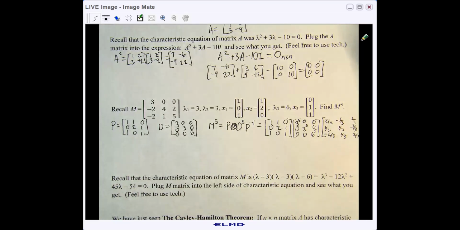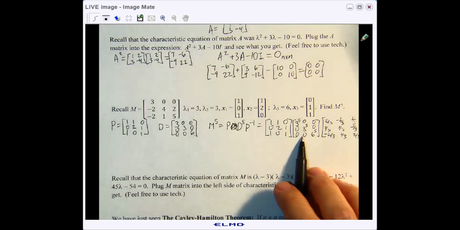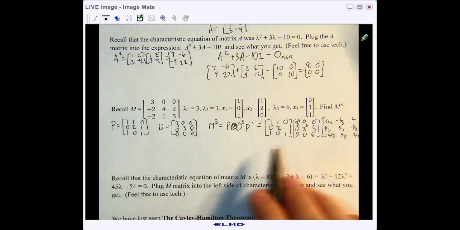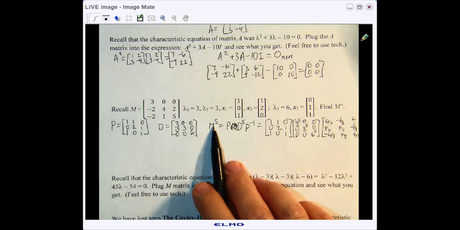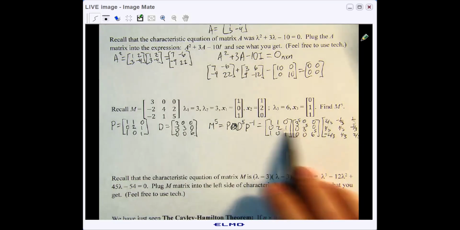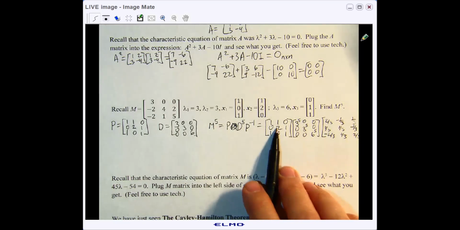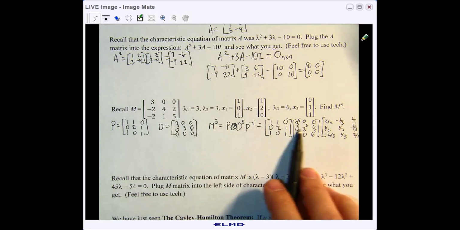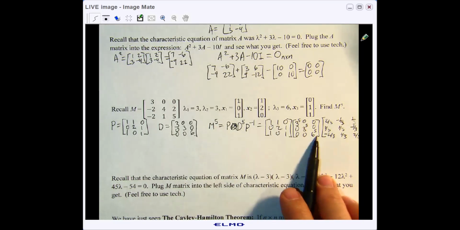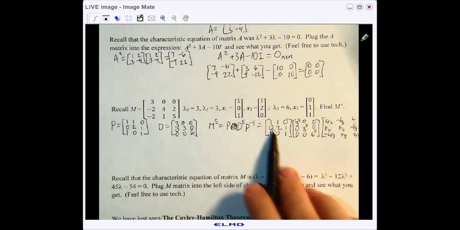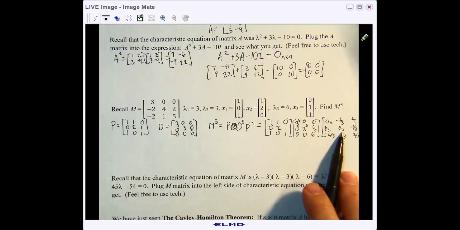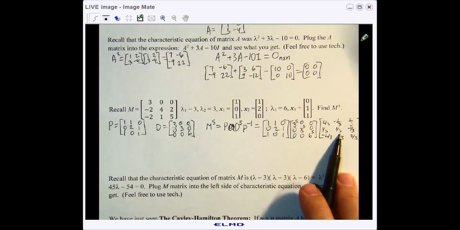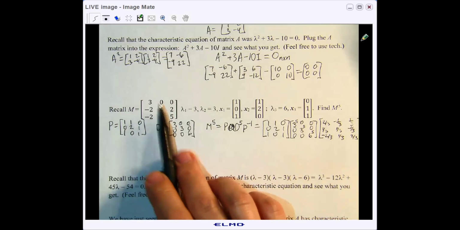Then we'll have a lot simpler multiplication. Instead of having to multiply M by itself 5 times, I only have to find an inverse matrix and then multiply matrices, which is going to be easy because it's multiplied by a diagonal matrix, and then this product times this guy, which is going to be a lot quicker computationally than multiplying M by itself again and again.